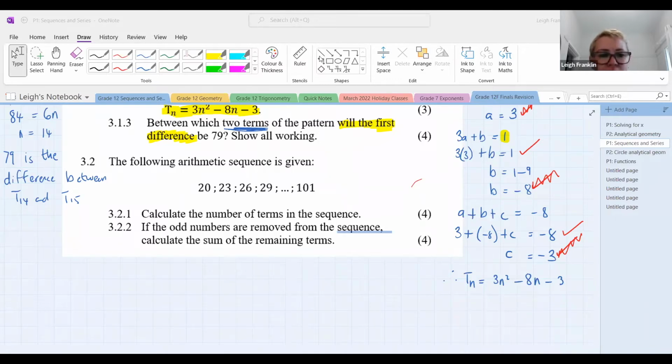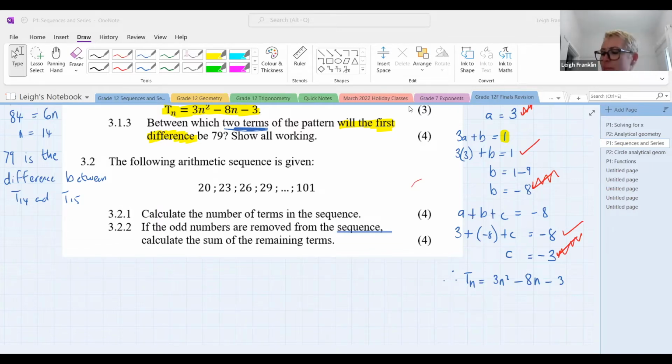So now we know that we can use a Tn formula to do that, and we can use an Sn formula to do that. But have they given us a series? It's not a series, it's a sequence, isn't it?